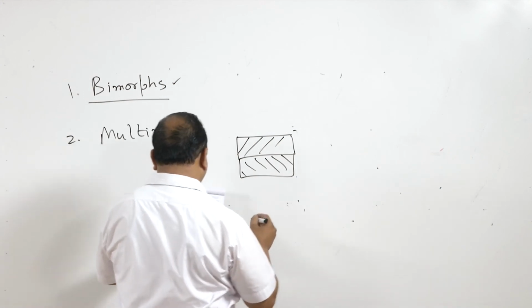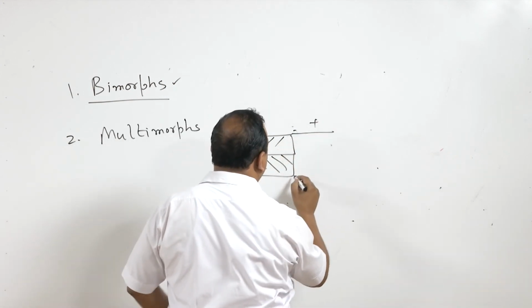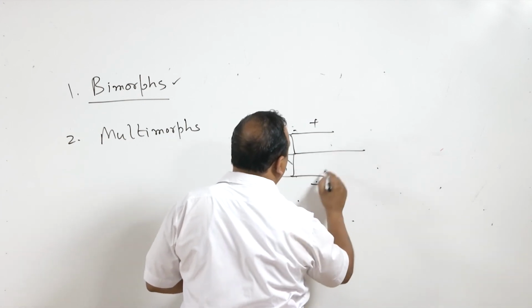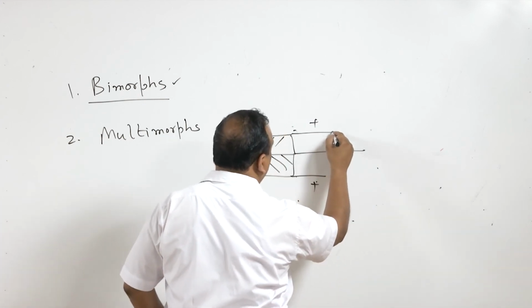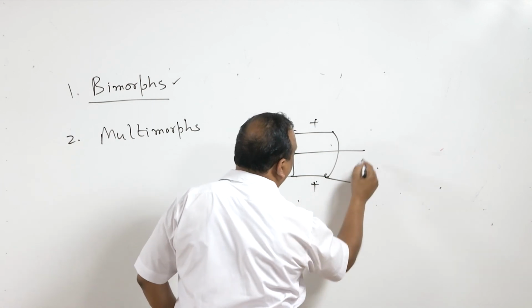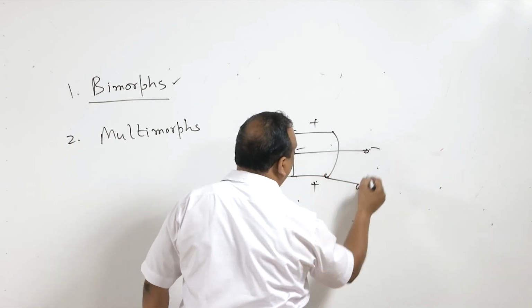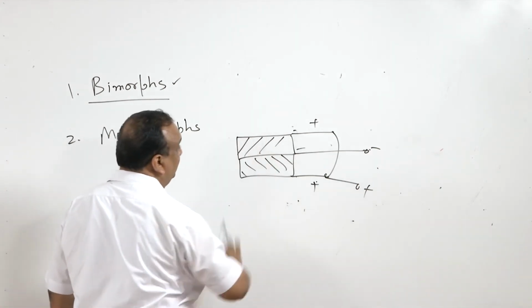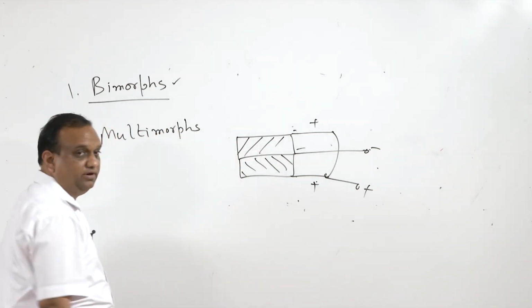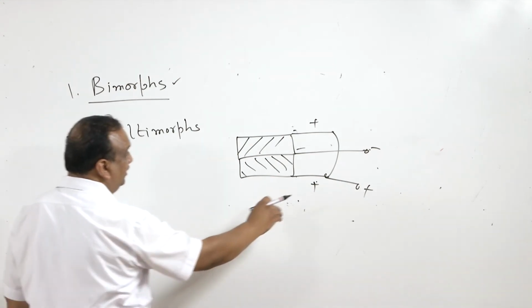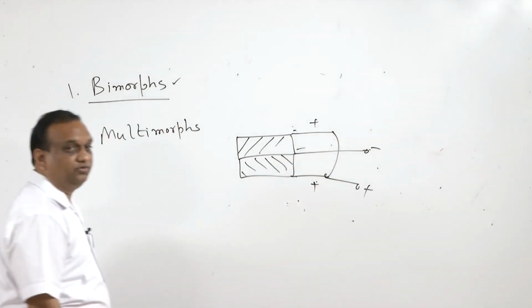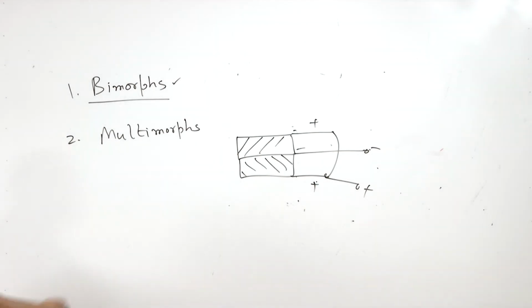In the parallel connection, this is positive, so this is one terminal and this is another terminal. So this is negative, this is positive. This is how they are connected in parallel. So this is a parallel arrangement. Mechanically they are one over the other, but they can have a parallel connection also, and they can have a series connection also.